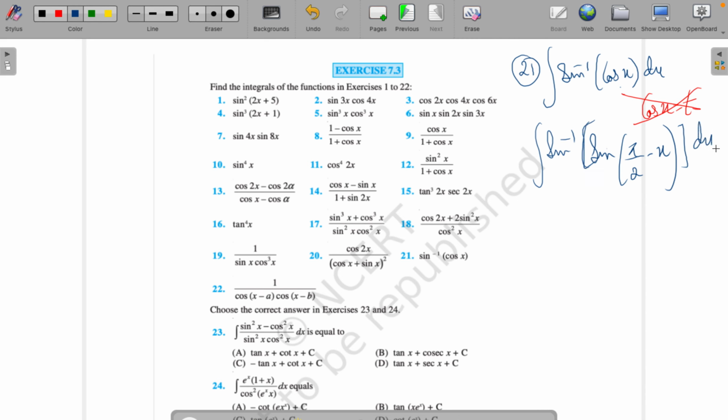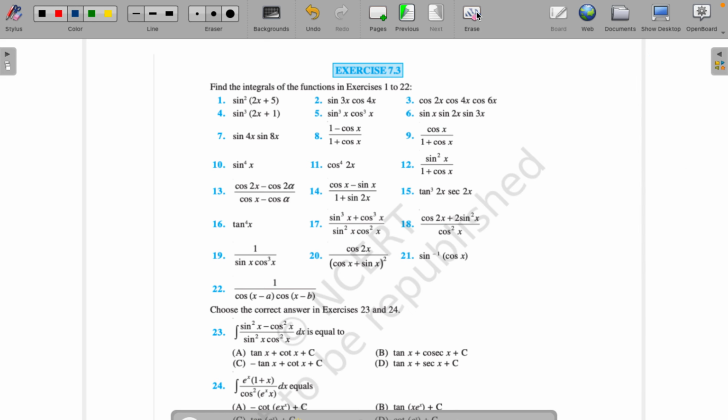Right, children? So this will be sine inverse of sine theta, which will be only theta. You know the simplification. You already learned it in your inverse trigonometry chapter. And now you will separate out and get your integration. That's it. That is question number 21 for you.